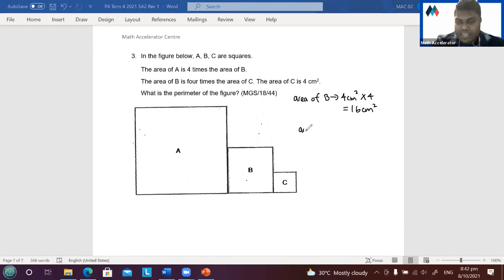Now, what is the area of A? Can you type in the chat, what's the area of A?